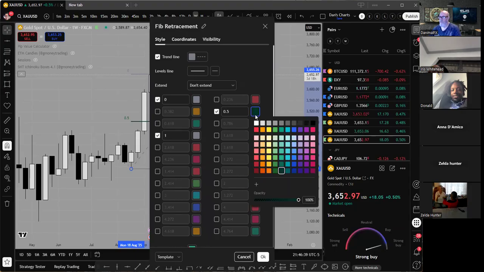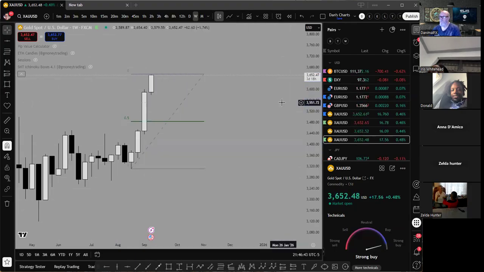So this is the 50 that I use for my 1, 2, 3 strategy. I'm looking for price to come back, hit that, and take off. But like I said, I do multiple entries. I do 236, 382, 50, and the 618.